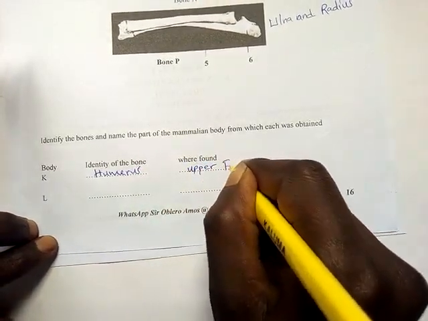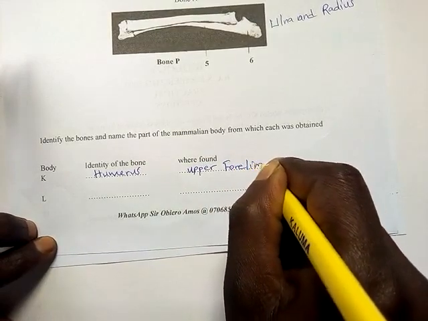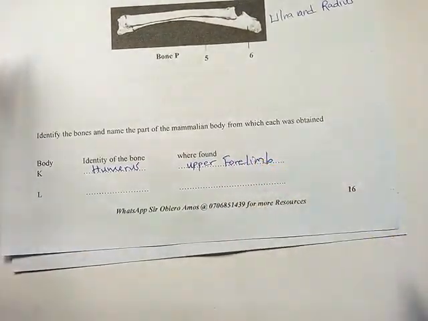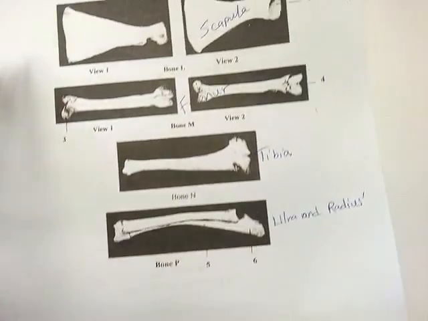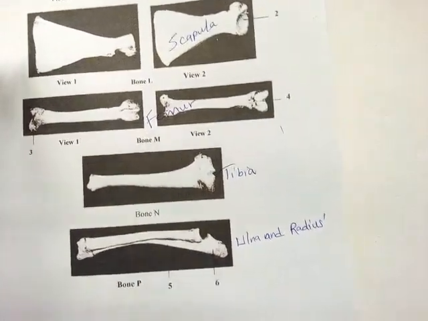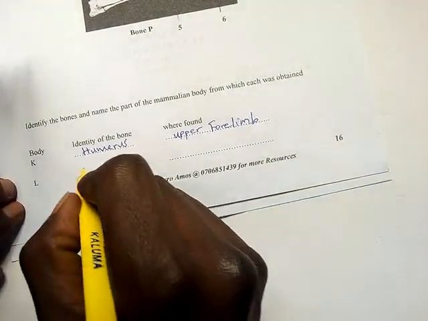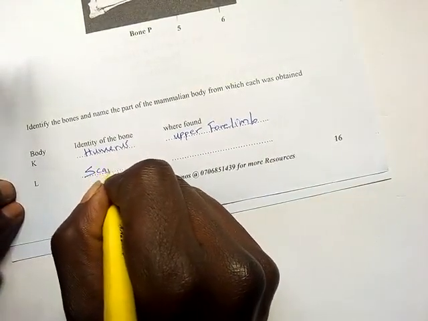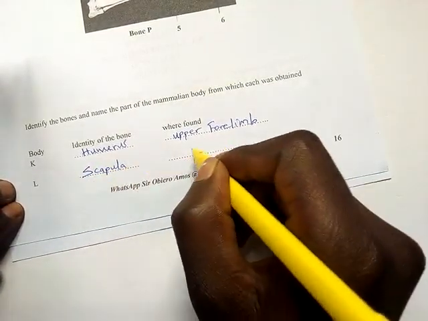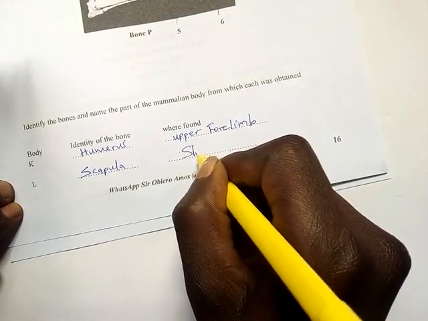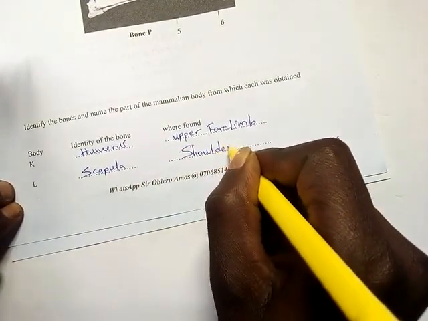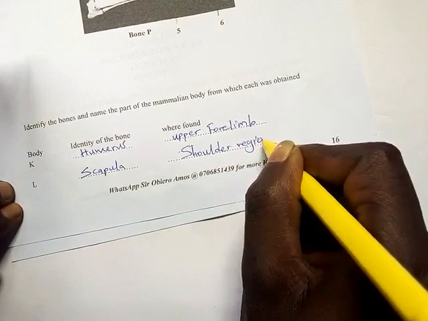While bone L, scapula, and it is found in the shoulder region.